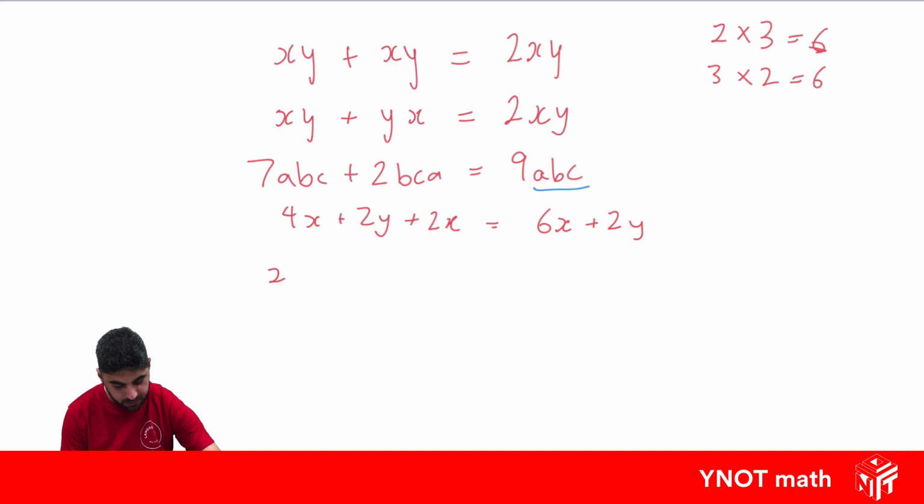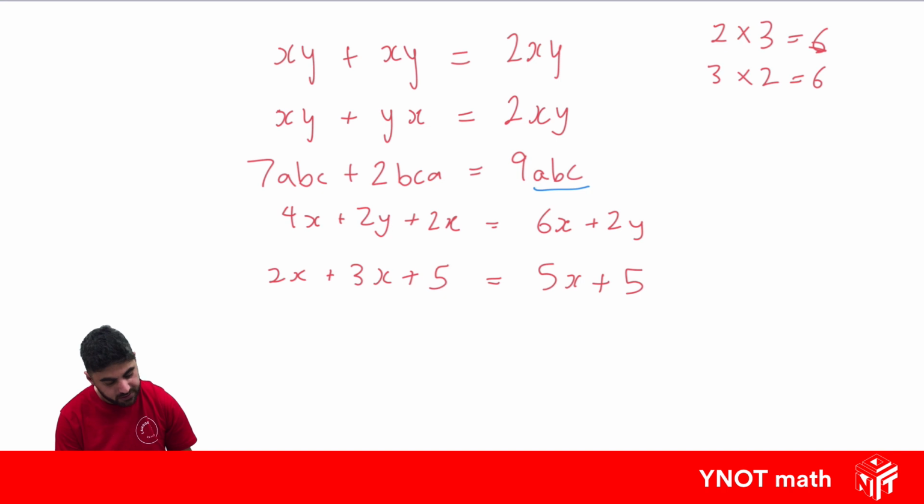What about 2x plus 3x plus 5? Well, the answer to this is 5x plus 5. So again, I can add the x terms together because they're like, but I can't add the number by itself because it's not a like term. So numbers by themselves are only like terms with other numbers by themselves.